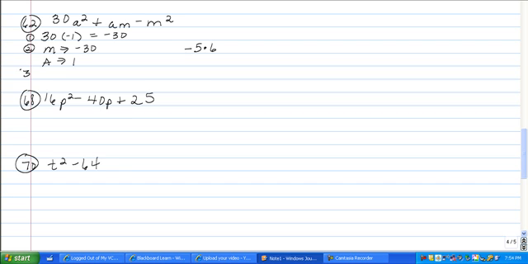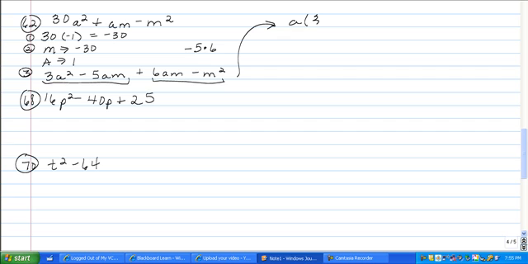So we're going to rewrite the middle term, 3a squared minus 5am plus 6am minus m squared, and we'll do these in pairs. We can take an a out of the first pair. We can take an m out of the second pair.